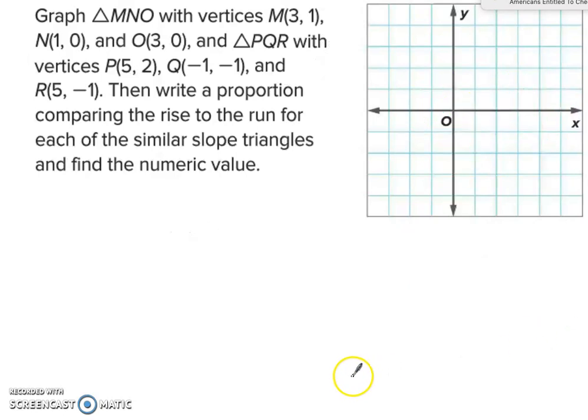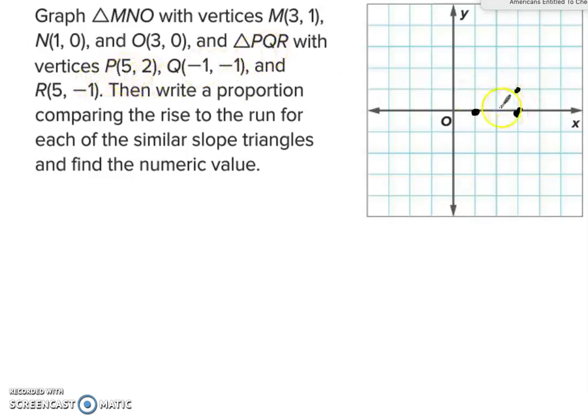Okay, so first, we have a few steps that we have to do. So graphing M and O with the vertices 3, 1, so over 1, 2, 3, and up to 1. 1, 0, and 3, 0. And then we're going to graph PQR.